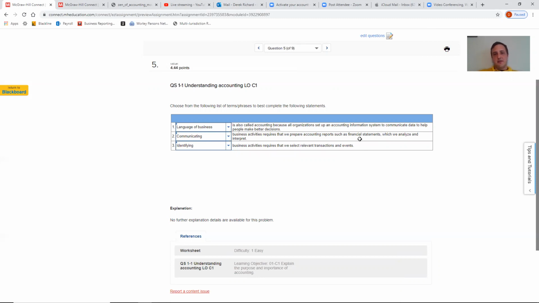So the financial statements are just how we communicate to external investors how the business is doing. That's a communication tool. Business activities require that we select relevant transactions and events. That's identifying, because we need to know what are relevant transactions to create those journals, to go through those statements. And just definitions here.